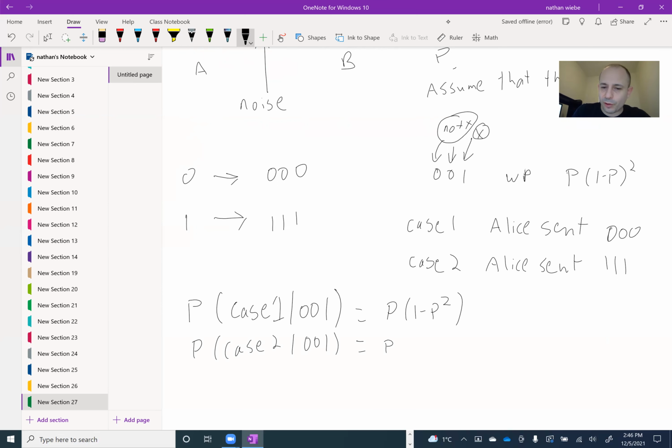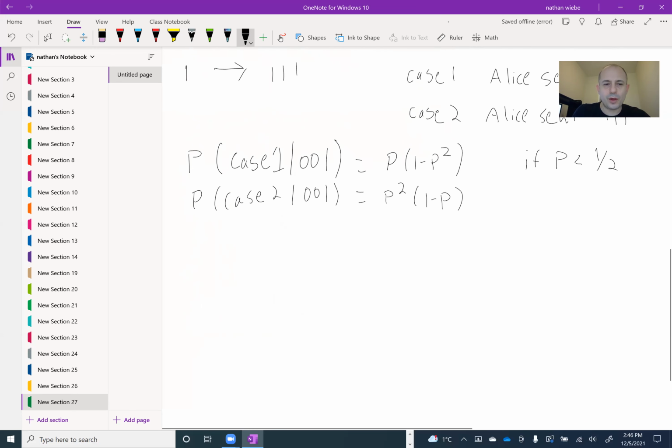So this probability is going to be p squared times (1 minus p). If p is less than 1/2, which we need in order to ensure that the channel even makes any sense, the probability of case 1, given this data, is higher than case 2.